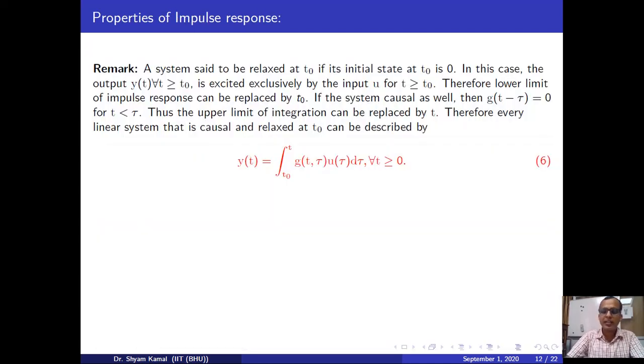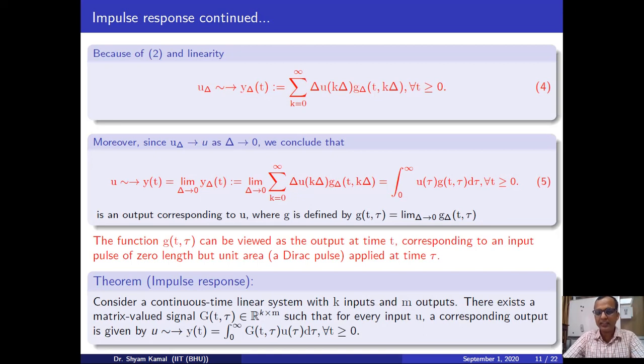Now you can see that in this integral, whatever output I am talking about, that is an improper integral. Whenever one limit is infinity, we are not sure up to what value I have to integrate. So somehow, using some property, I have to cut this limit.